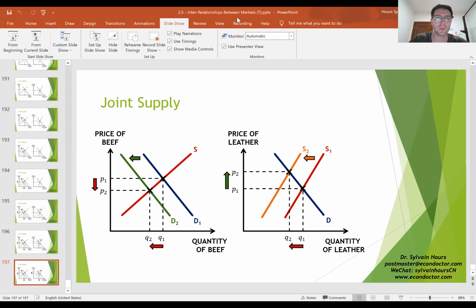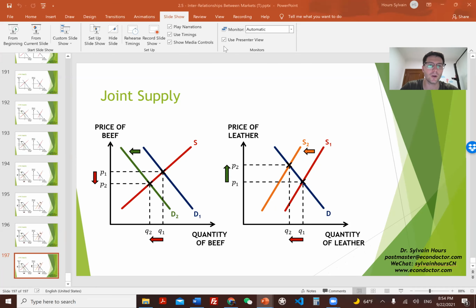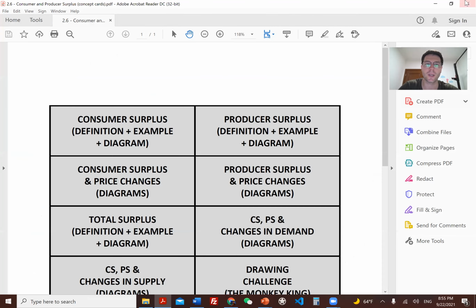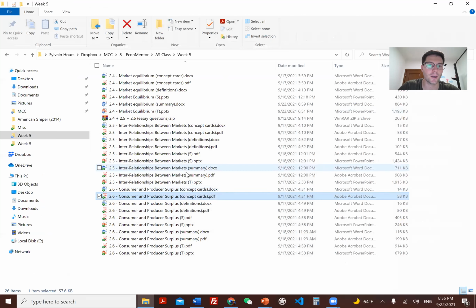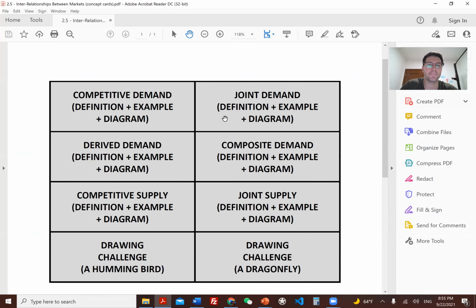So let me just show you, because these documents are already available on the website. You have the concept cards, interrelationships between markets. Basically you have the 6 cases. You have 2 drawing challenges, a hummingbird and a dragonfly.